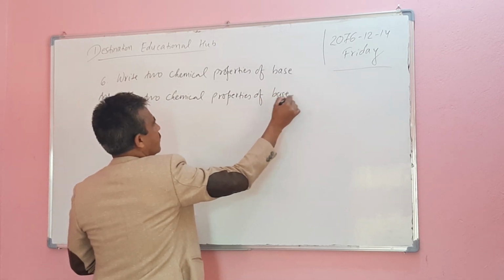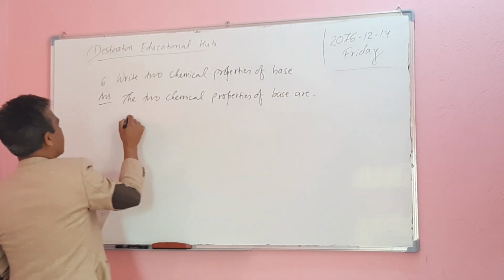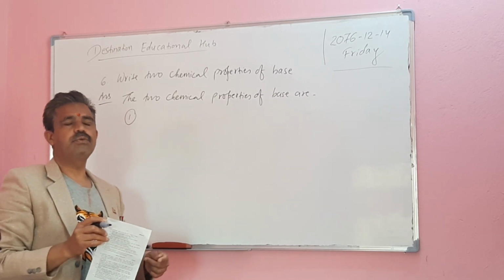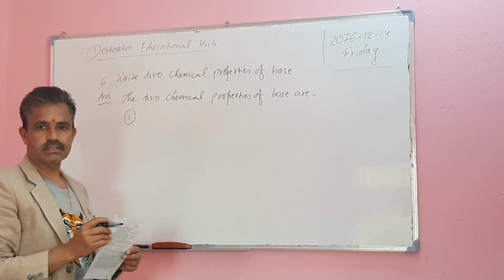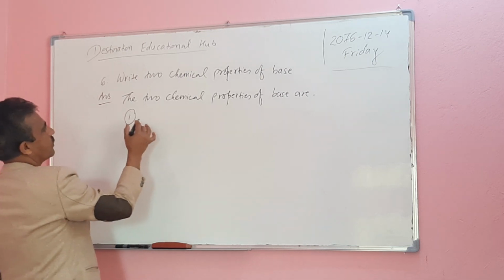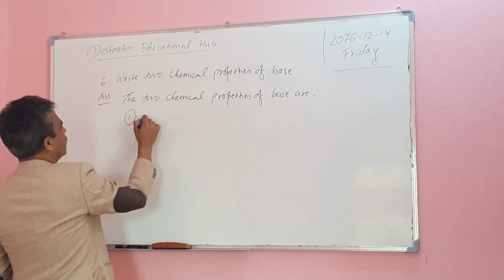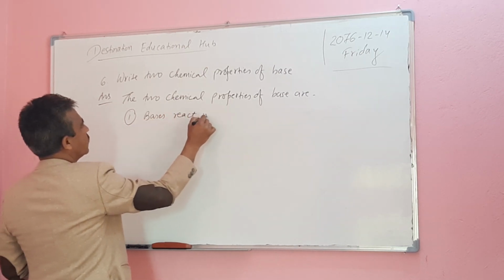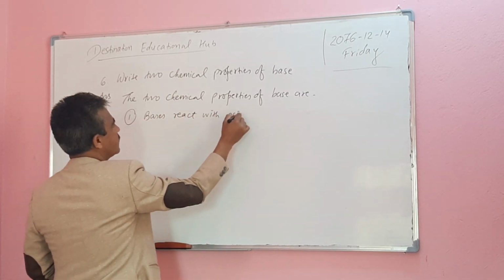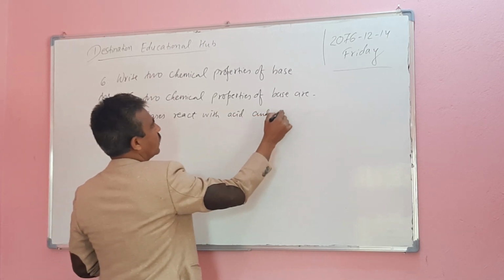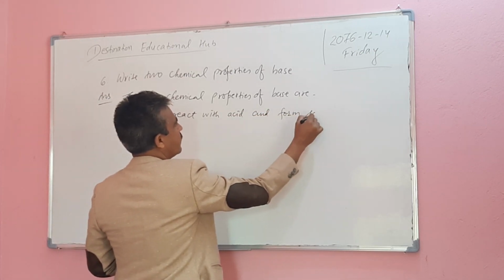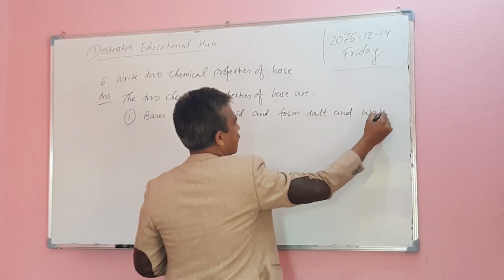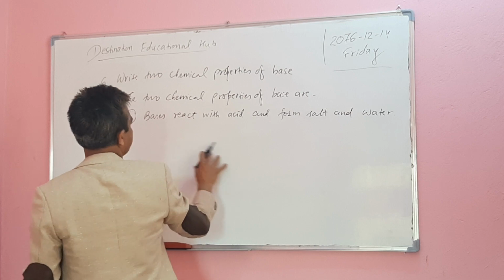Number one, if it's a matter of chemical property, we have to write the chemical reactions. The first chemical property is that bases react with acids and form salt and water.